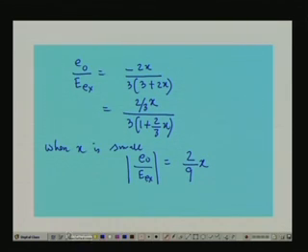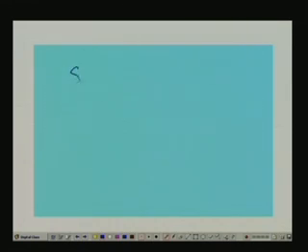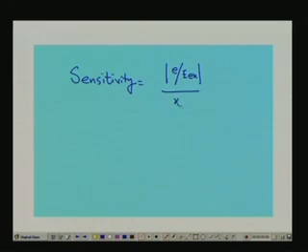So, obviously, the sensitivity in this particular Wheatstone bridge is Eo by Ex upon x equal to 2 by 9, with some approximation obviously. Fine. Now, let us look at when x is large.